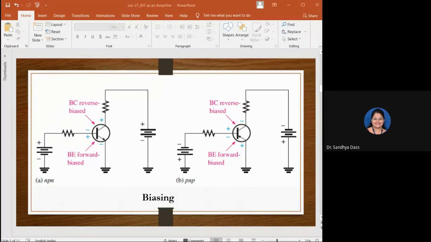Yeah, biasing of the transistor. Done, ma'am. Okay. Yeah. Let's move on.